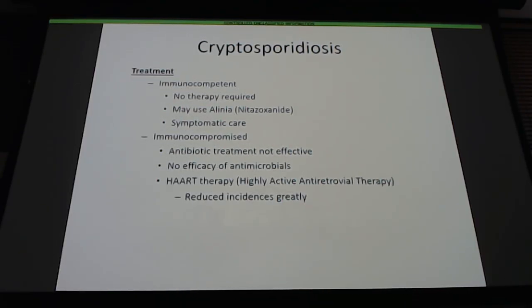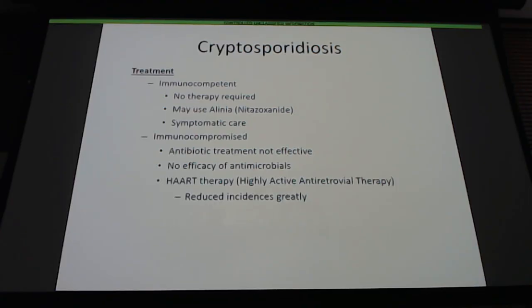Okay, here's your treatment for immunocompetent folks, for healthy folks. No therapy required. If you do need to or want to give something because you think these guys are taking a bad turn or the symptoms are really bad for them, you can give them nitazoxanide. Okay, that is an antiparasitic. So that'll go in and it'll kill a lot of the parasites, but your body has to come in and do the rest of the work.